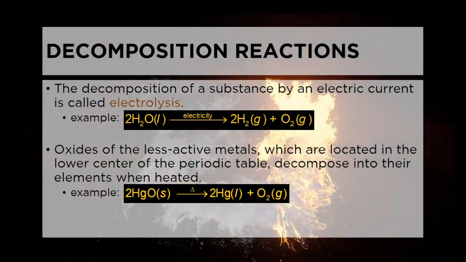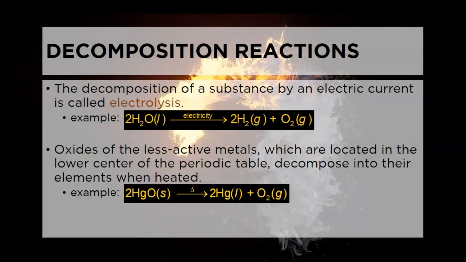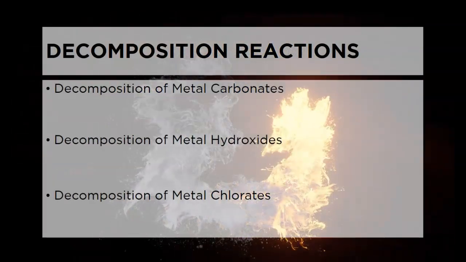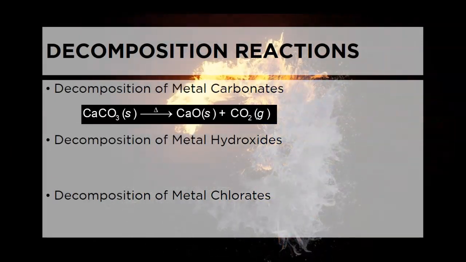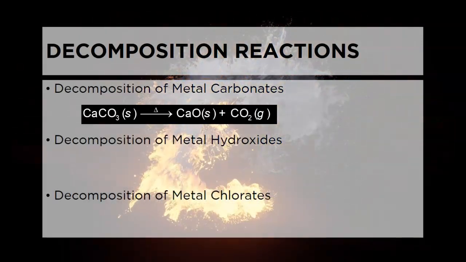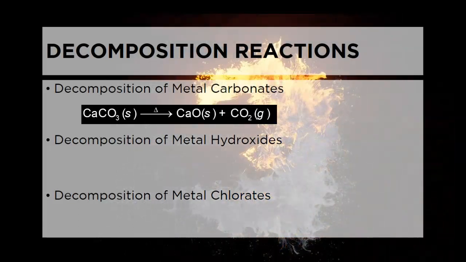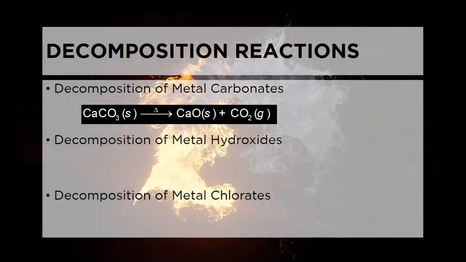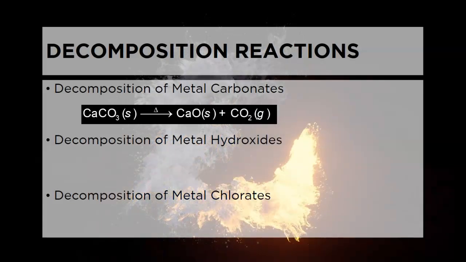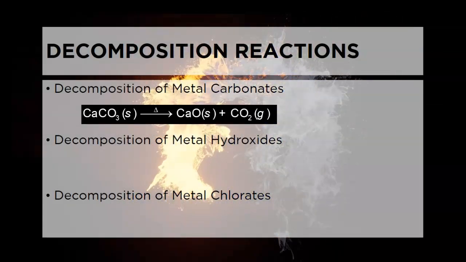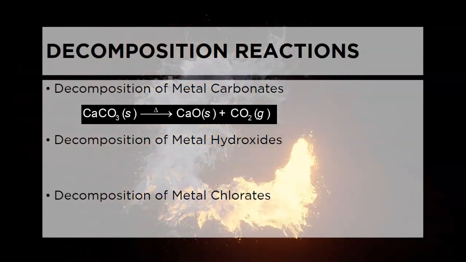So that's my heating to break down the mercury oxide into its individual components. Again, just a bunch of examples of decomposition reactions. For example, if I decompose a metal carbonate, and these are the three gases we're going to test for in lab, I get a metal oxide with carbon dioxide.